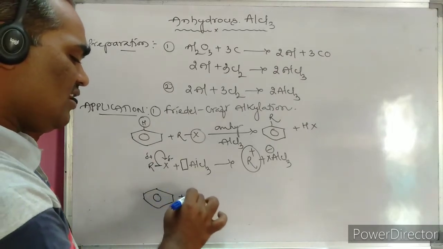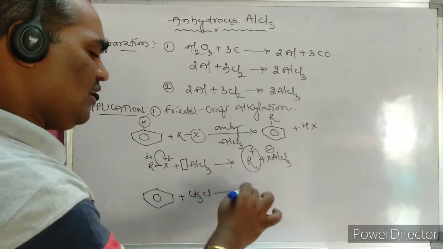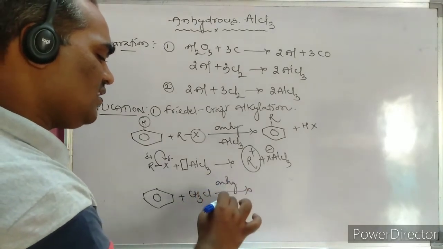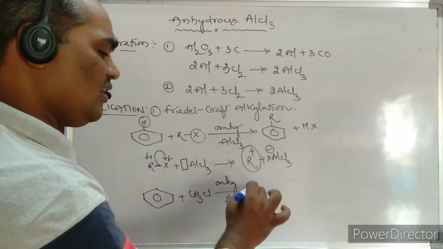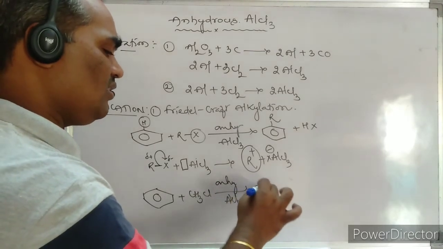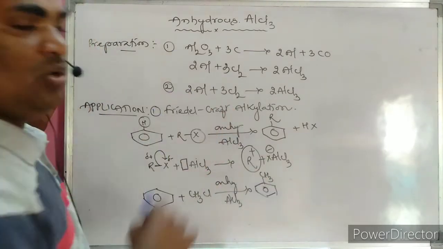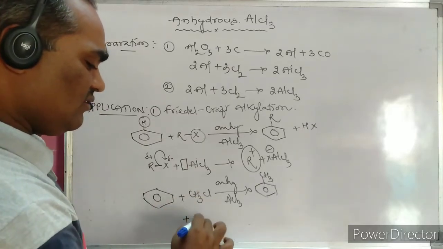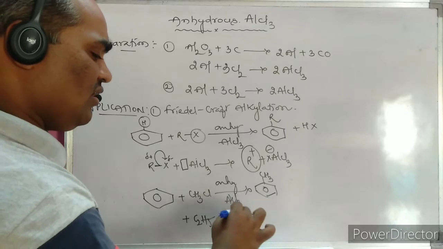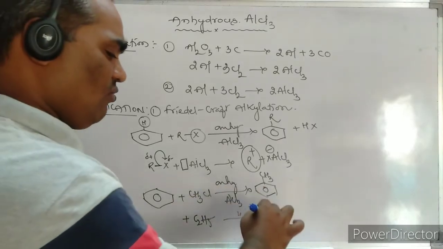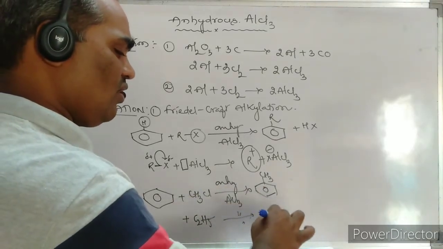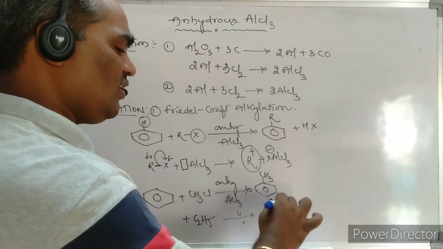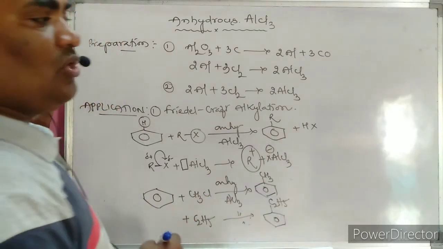Here benzene reacts with methyl chloride in presence of anhydrous AlCl3. We can write directly methyl benzene, also called toluene. Instead of methyl, if ethyl is given, C2H5Cl, in the presence of the same reagent, the formed product is ethyl benzene, where the electrophile is a carbonium ion.